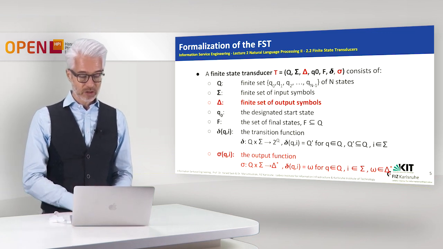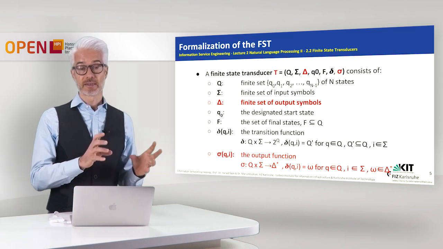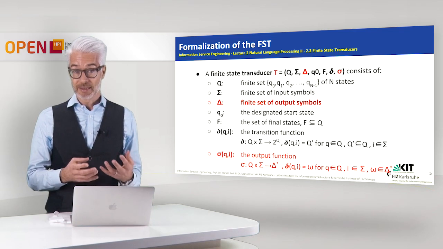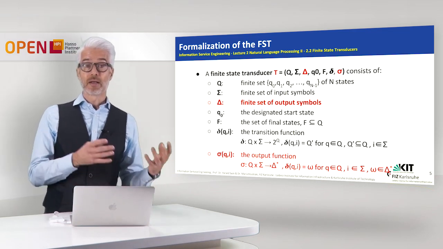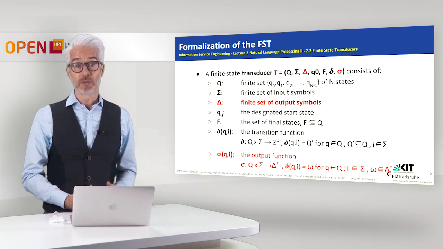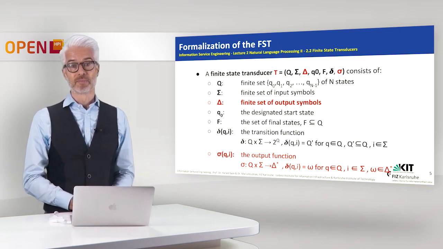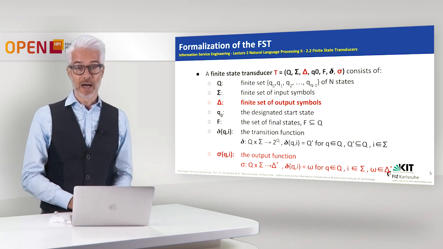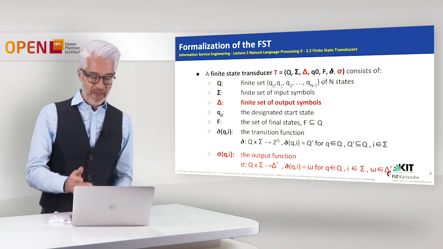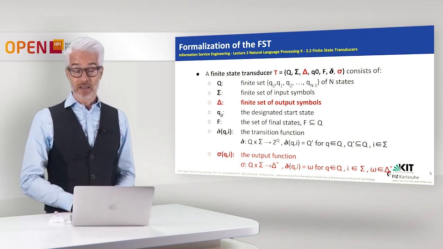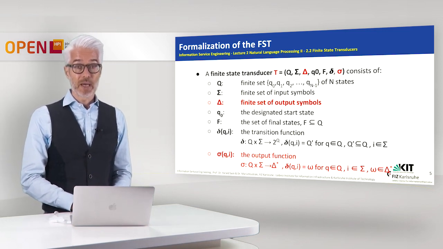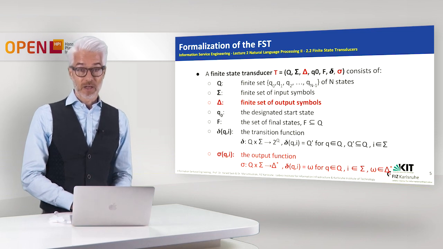Sigma is the output function, and sigma maps the set of states Q together with the set of input symbols to any potential subset of the output symbol set, that is, to omega, which is an element of delta star, the set of all possible strings which can be constructed based on the set of output symbols.